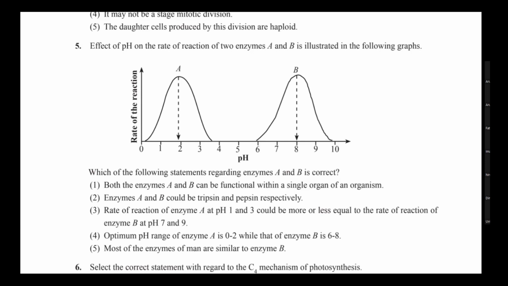You know, enzymes, I told you, are globular proteins, right? There are different bonds, hydrogen bonds, ionic bonds, and weak chemical bonds. So if the temperature increases beyond the optimum temperature, those bonds of the active site of the enzyme will be disrupted, right?